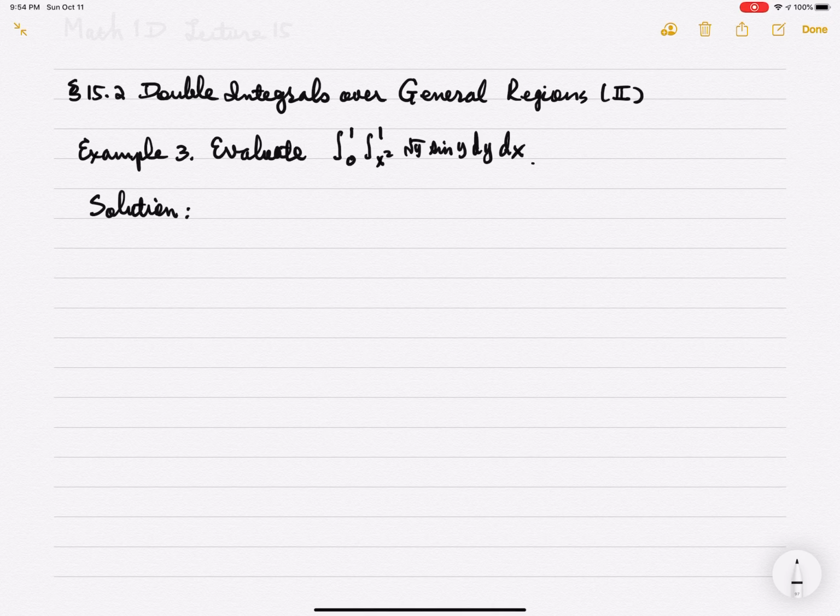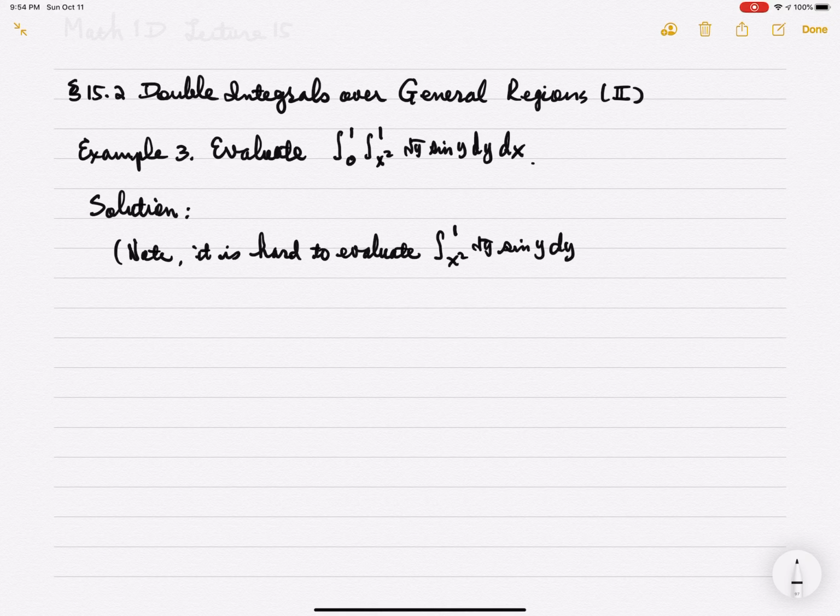Now here, this part you don't have to write down. Note: it is hard to evaluate this one, the integral from x squared to 1 of root y sine y dy.